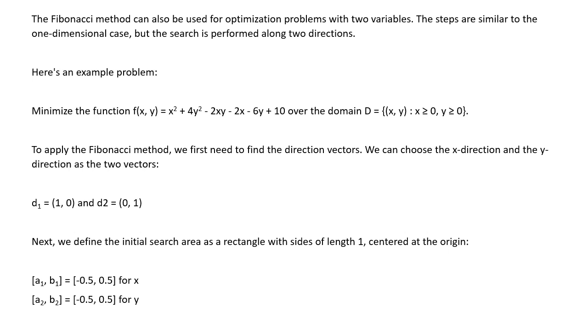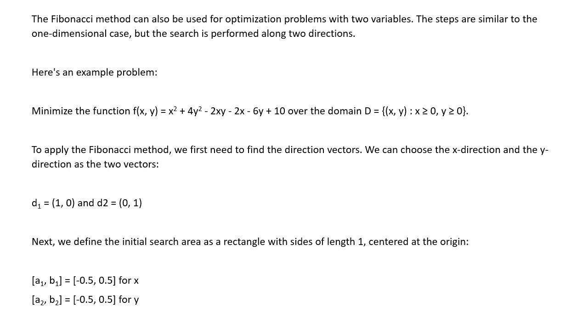To apply the Fibonacci method, here we first find out the direction vectors. We can choose x direction and y direction as two vectors, and in this case I've got d1 to be 1 comma 0 and d2 to be 0 comma 1.